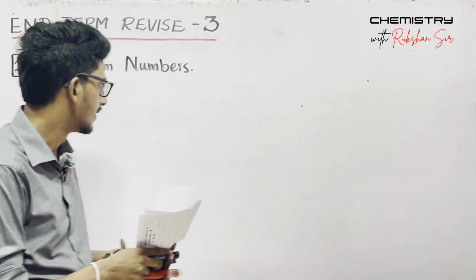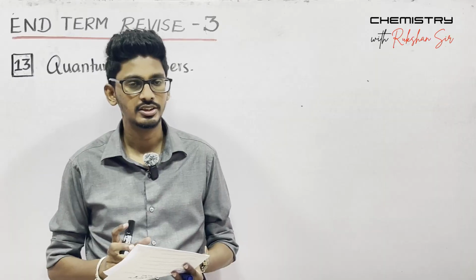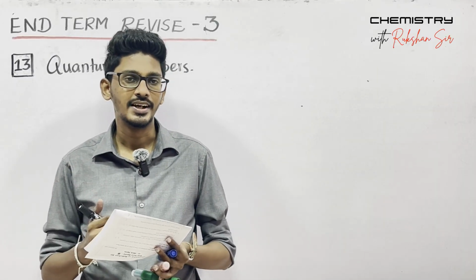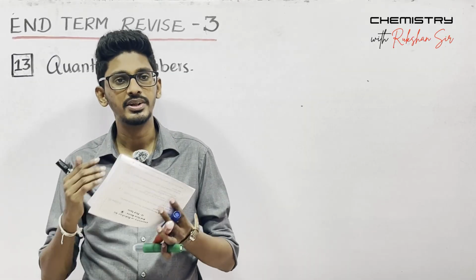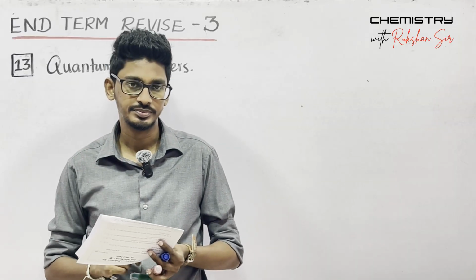Normally in an atom, to completely get the information of an electron, we need 4 quantum numbers.